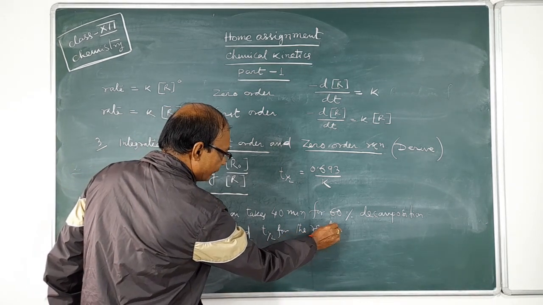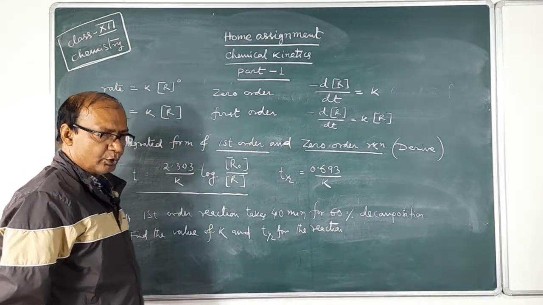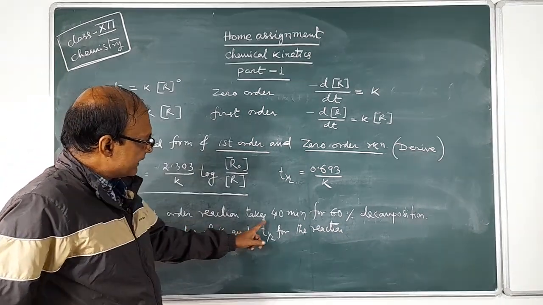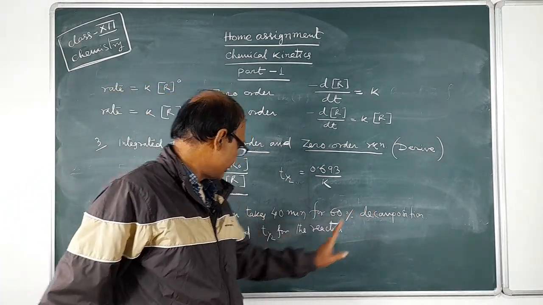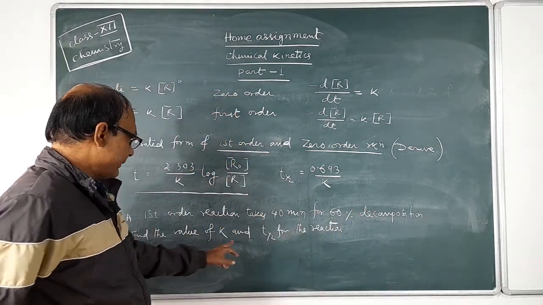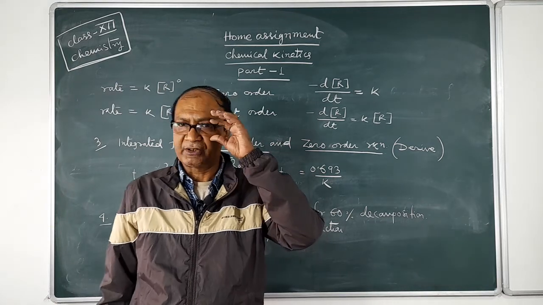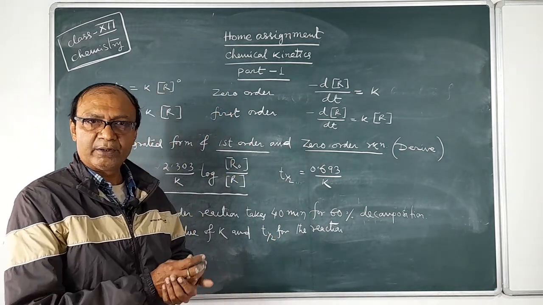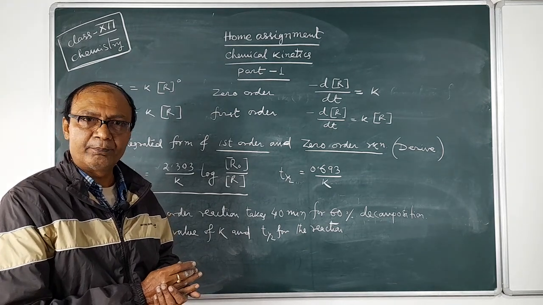So this is your question number 4. You will calculate T half and find the value of K.